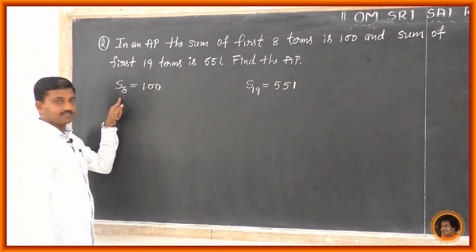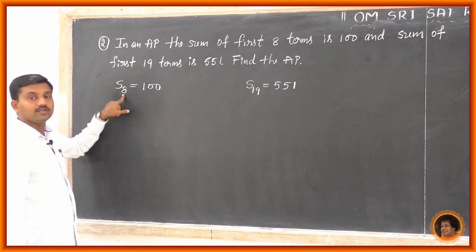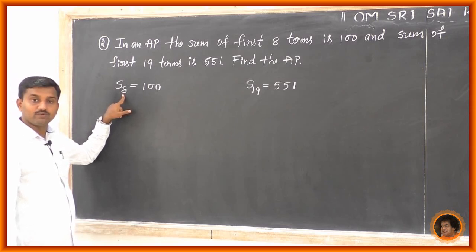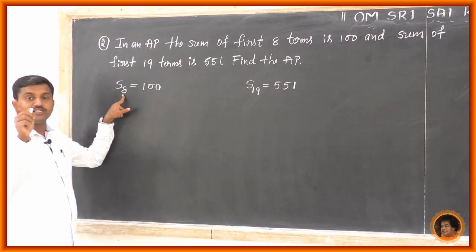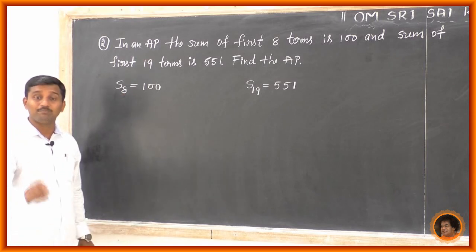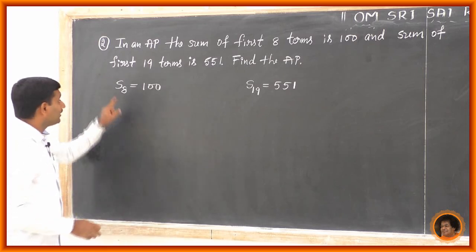So S_8 in the form of S_n, here n = 8. The formula is S_n = n/2 (2a + (n - 1)d). This is the formula to find the sum of n terms of an arithmetic progression, or the sum of the first 8 terms.